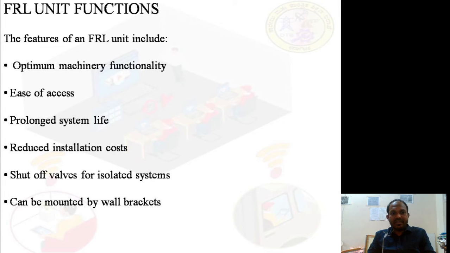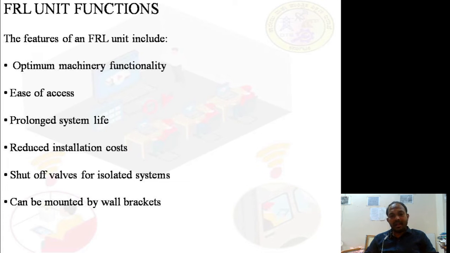What are the functions of these FRL units? Now, whatever I was just talking about is only collective, individual functions. Actually, I shall go deeper into FRL units in the later stages. Now, in the collective FRL unit, the features include optimum machinery functionality.